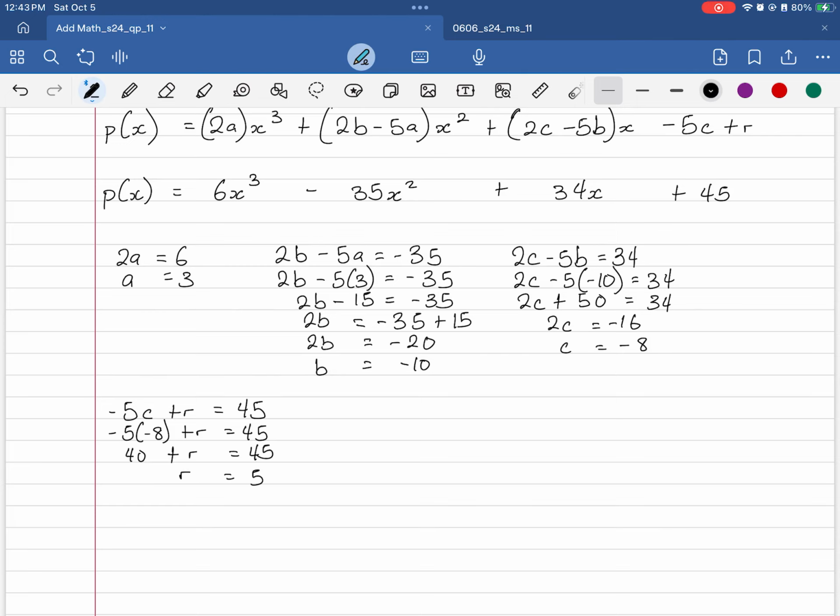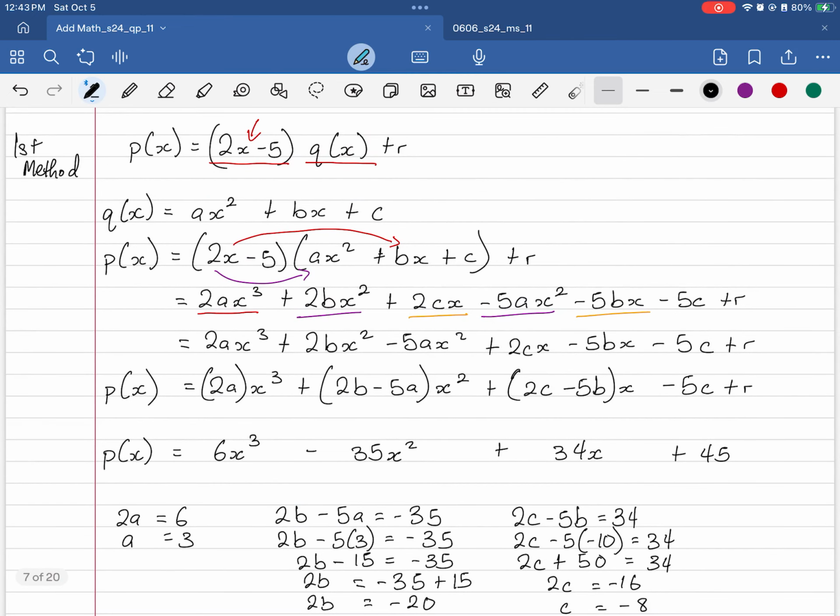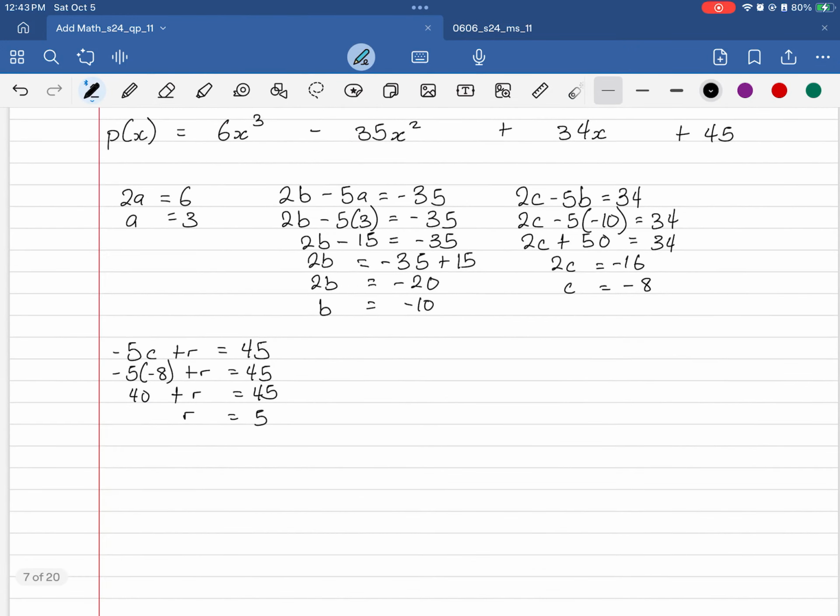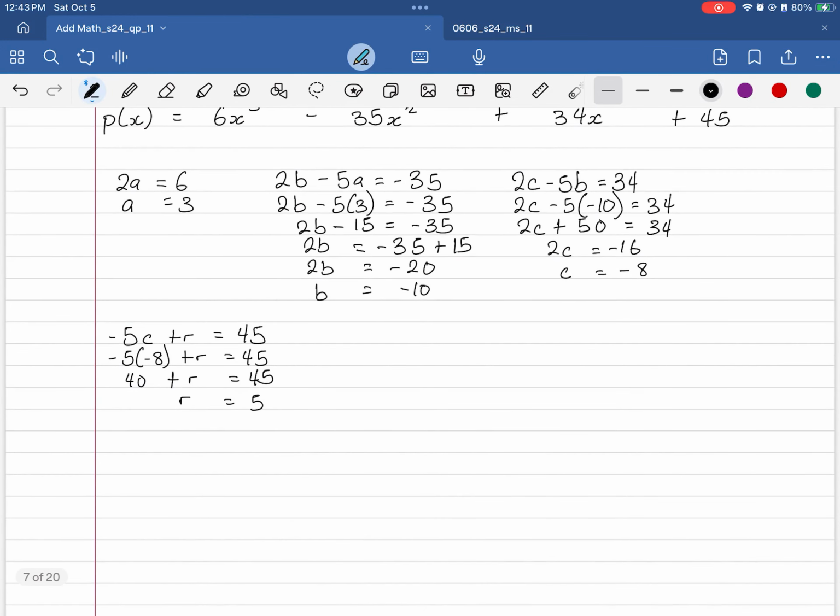So now remember that we said our q of x is ax squared plus bx plus c. So we're going to rewrite it with these values that we found. We're going to write q of x to be 3x squared minus 10x minus 8. And our r is plus 5.